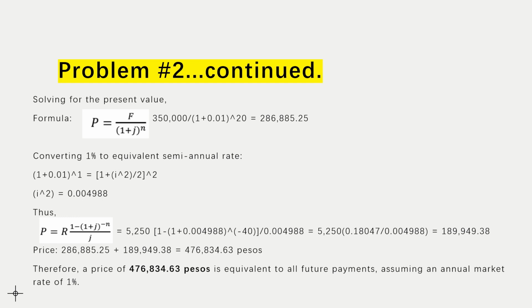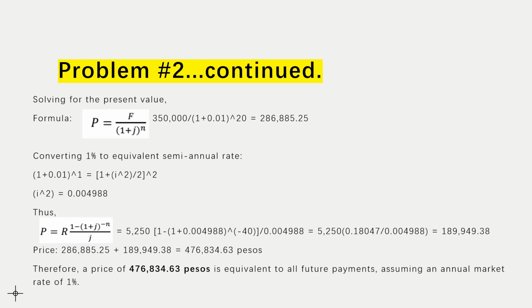So we can substitute everything that we've been provided earlier, which is 5,250 for our R, times the quantity of 1 minus 1 plus 0.004988, which is our i squared over 2 that we've just solved earlier, to the power of negative 40.